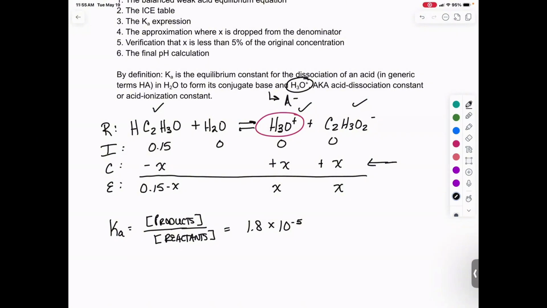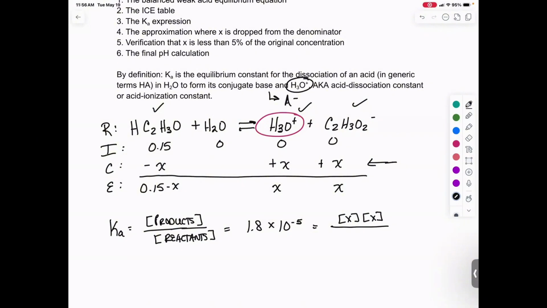Okay. And from there, we just need to set up our ratio as defined by X, in our ICE table. So products here would be H3O, and our acetate anion on top.